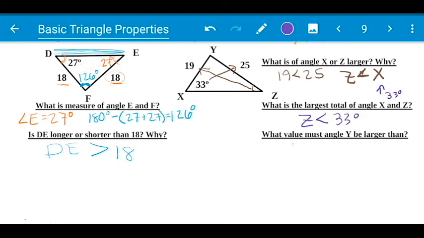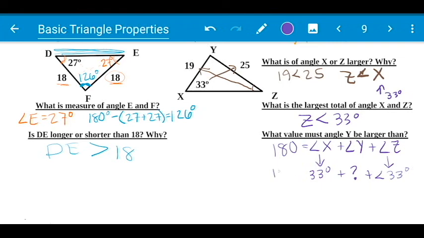How will we figure out what value the angle Y has to be larger than? Well, if we know that X is 33 degrees, we're going to have 180 equals angle X plus angle Y plus angle Z. So we know the degree for angle X is 33 degrees, we don't know what Y is, that's what we're looking for, and Z has to be less than 33 degrees.